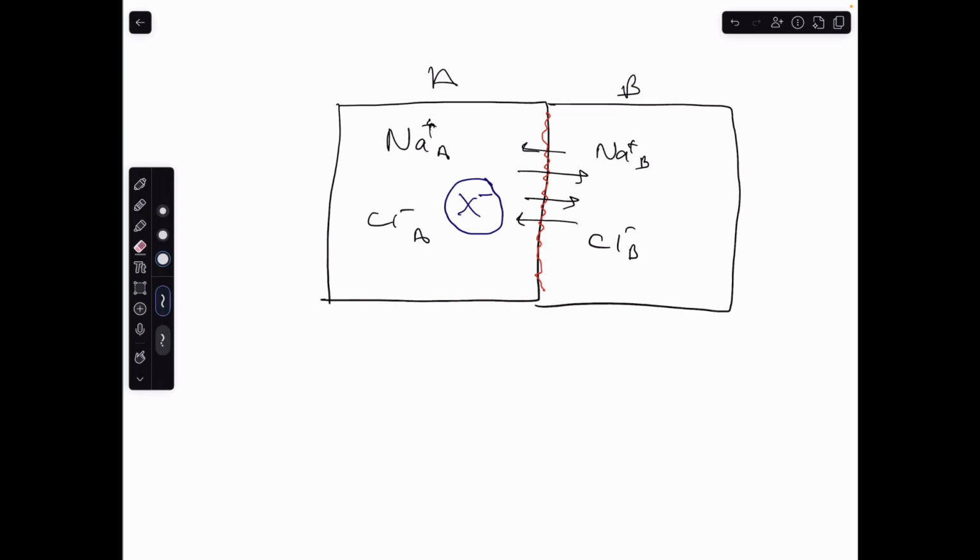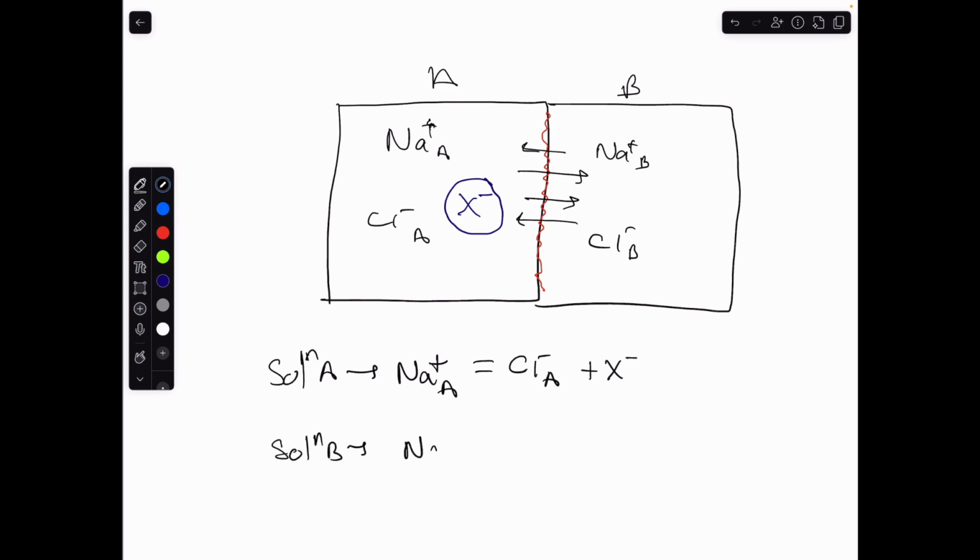So what we will see is that in solution A, the amount of cations, that is sodium, would be equal to the sum of the anion chloride plus the X molecule. While in solution B, the number of cations, that is sodium, would be equal to the number of anions, that is chloride.